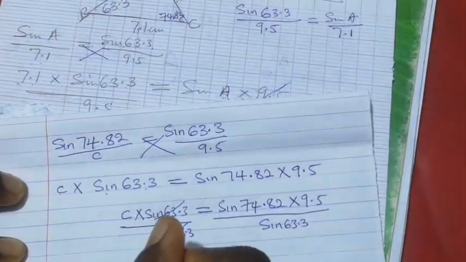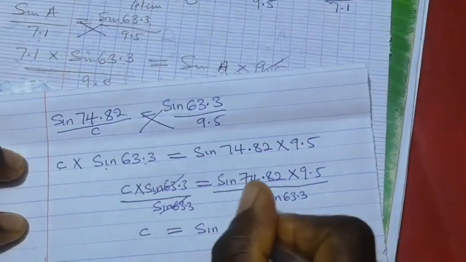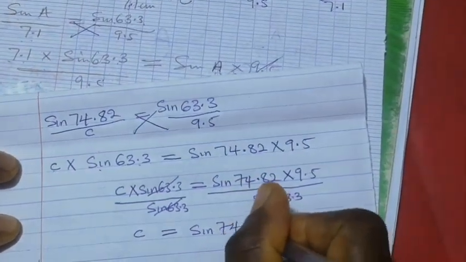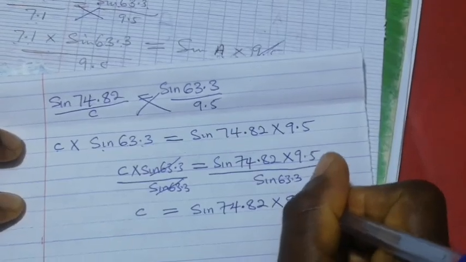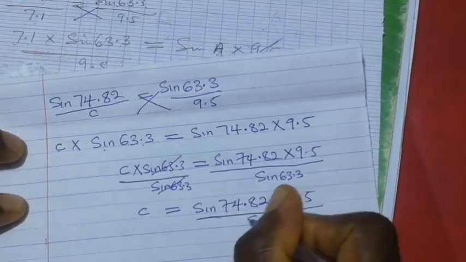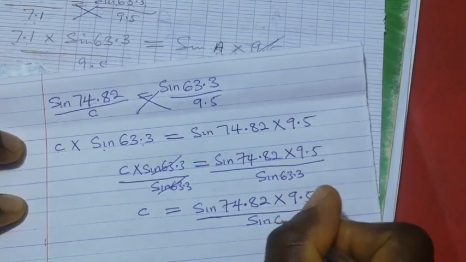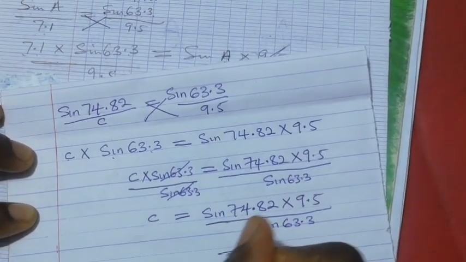So we now have C is equal to sine 74.82 times 9.5 all over sine 63.3.